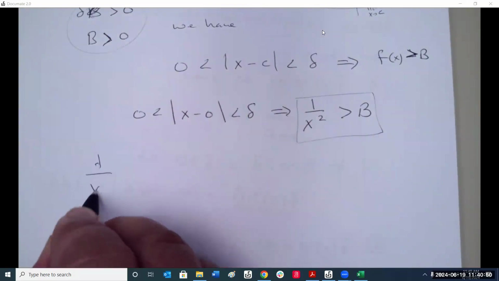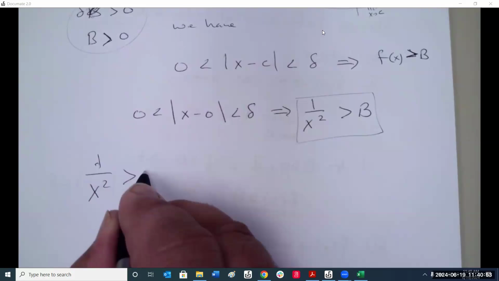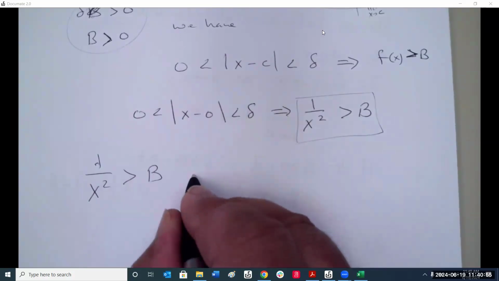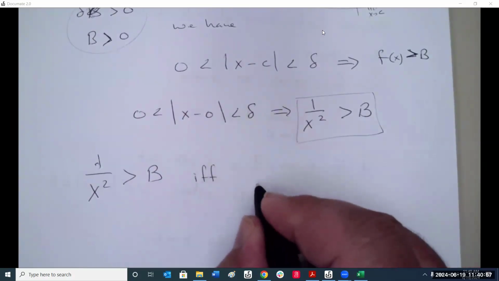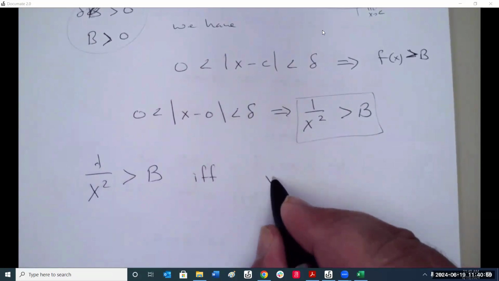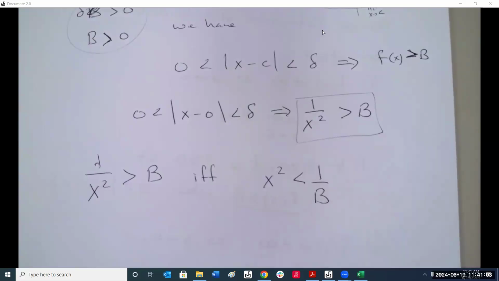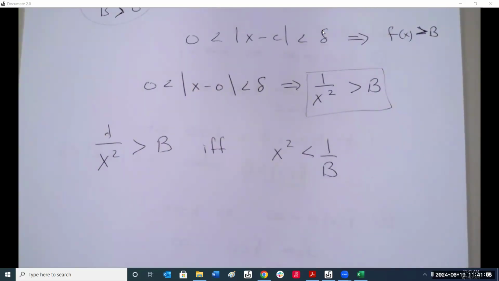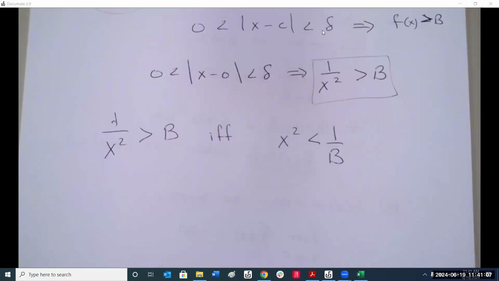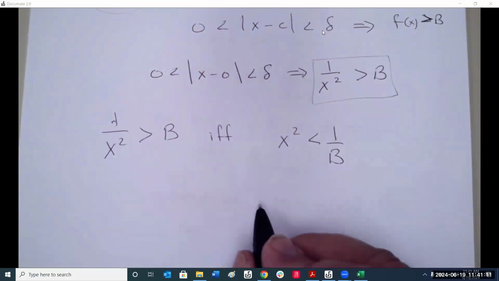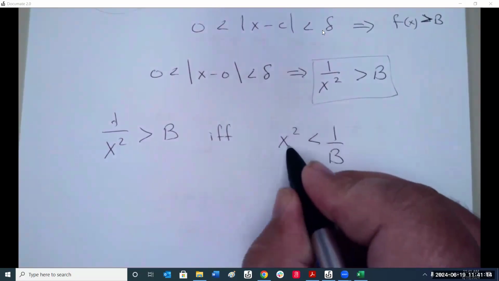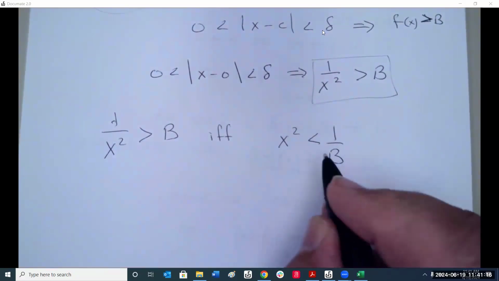Then we know that this is true if and only if the reciprocal is true. And this can be rewritten. Remember, we want the X value.